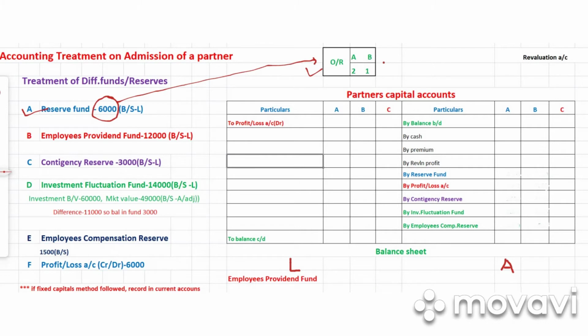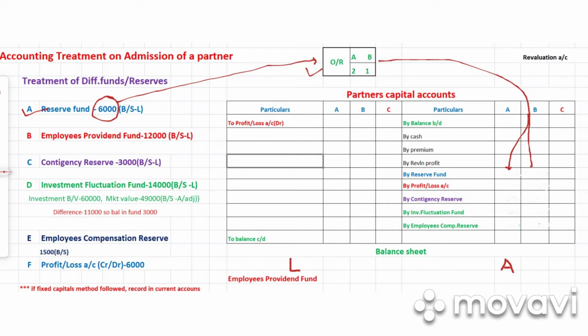So when we distribute, we will get how much? 4,000 and 2,000. That amount you give to A and B, both the partners, right?